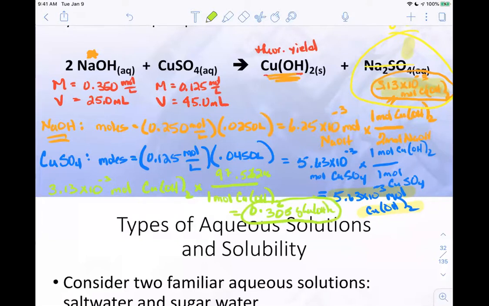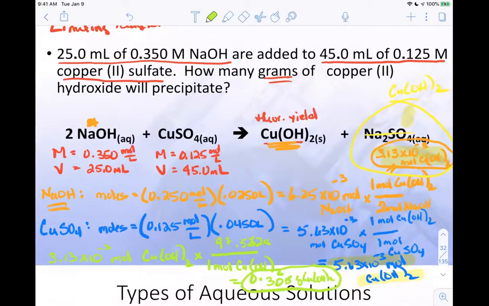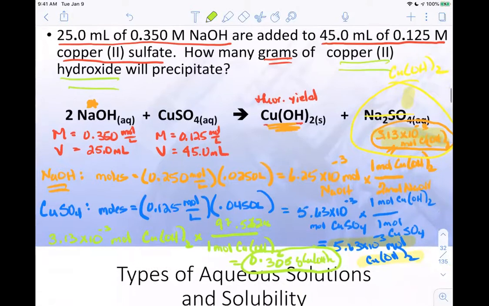That's my theoretical yield. That is the amount of the copper(II) hydroxide that will precipitate.